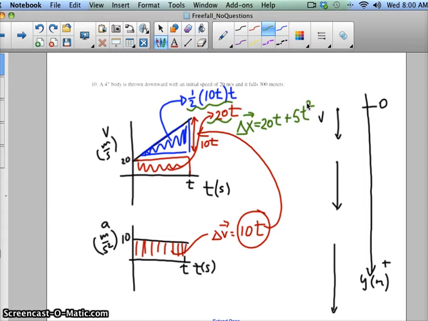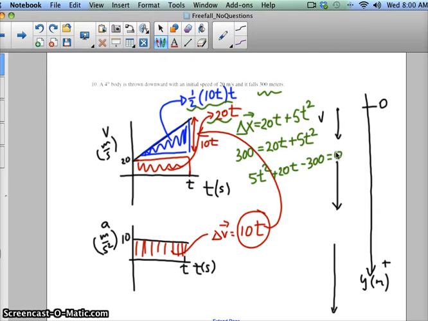Okay? So, let's see here. And I know from the problem that my displacement is 300 meters. So 300 meters has to equal 20t plus 5t squared. Now I'm going to rearrange this to make it look pretty. I got 5t squared plus 20t minus 300 equals 0.